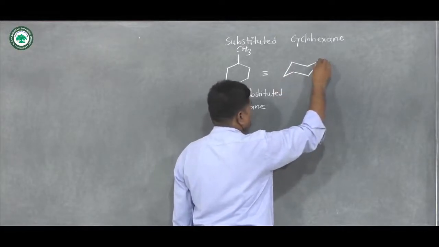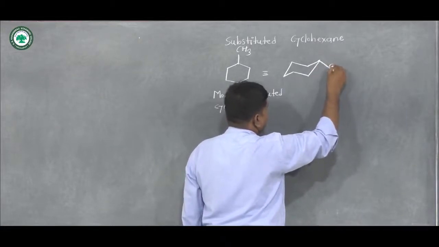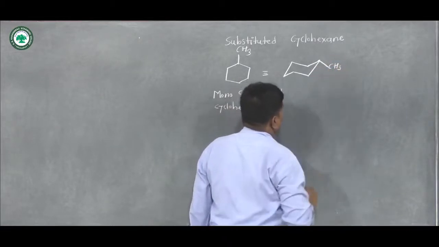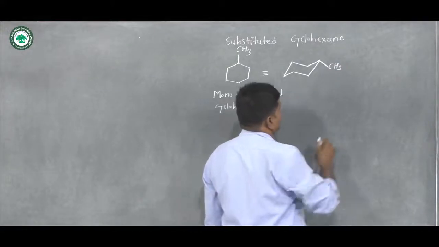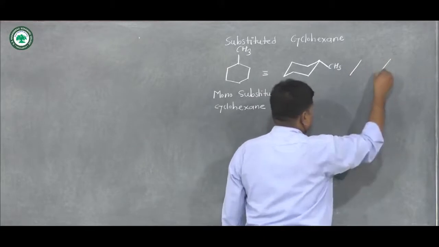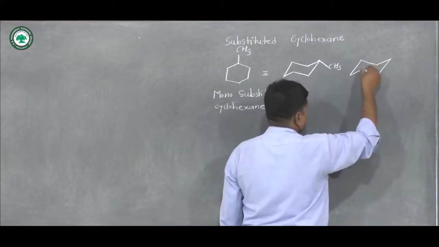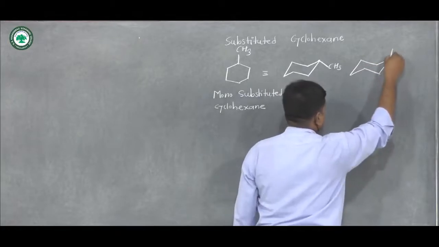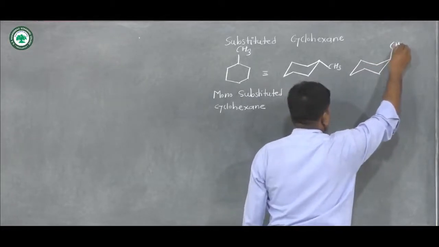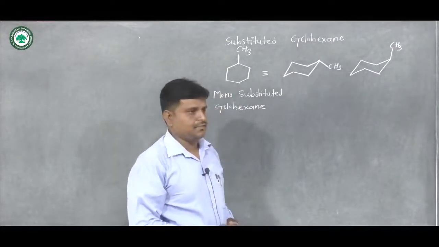So suppose this is your first carbon atom, having the substituent methyl. Suppose this is your first possible chair conformation, and here is another possible chair conformation having the methyl group at the axial position.